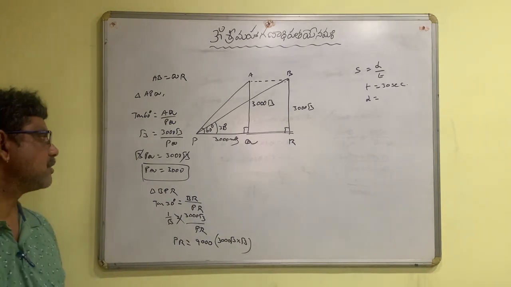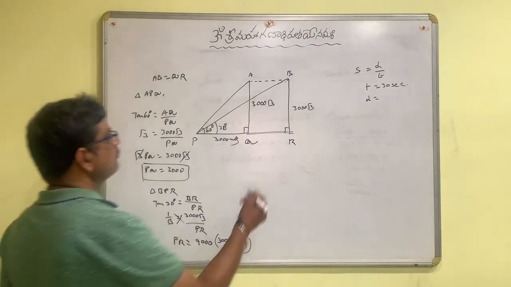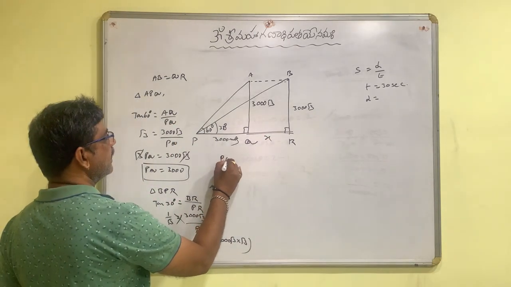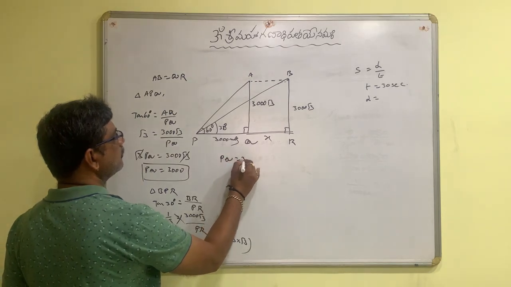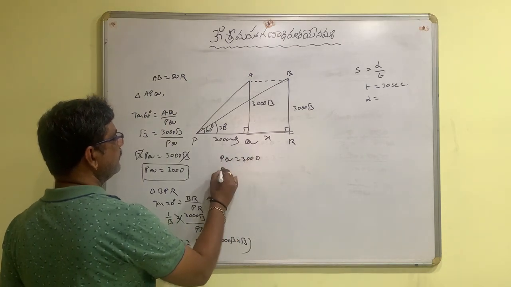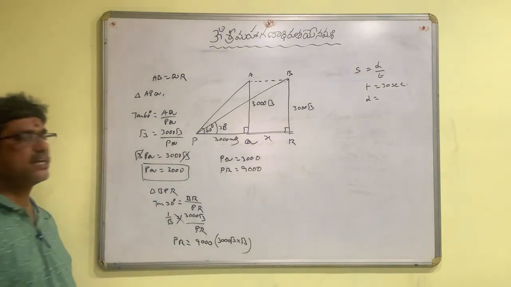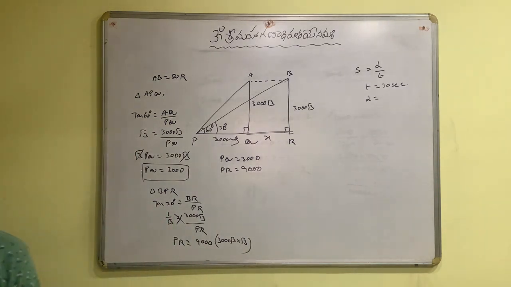Okay, now children, we need to find out QR. We have PQ and we have PR. Can you say what is QR?